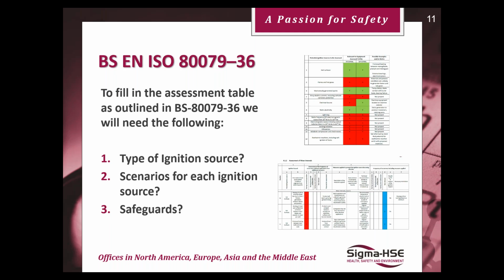It's very similar to risk assessment tables you might see in other methods, like a HAZOP, SIL or LOPA. You typically outline the cause, the scenario, then put the safeguard, and then have the risk level identified. In this case, as mentioned in the standard, your first step is to identify what type of ignition sources there are, and the next step is to put in the scenario and the reason why they've been considered.